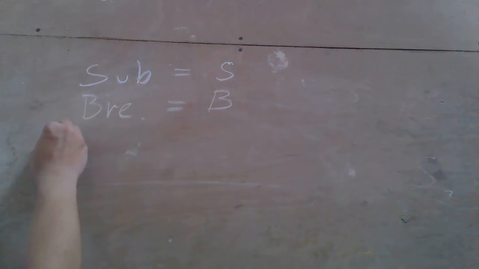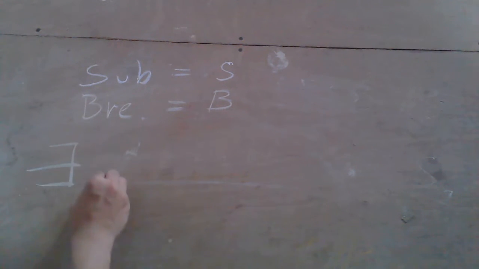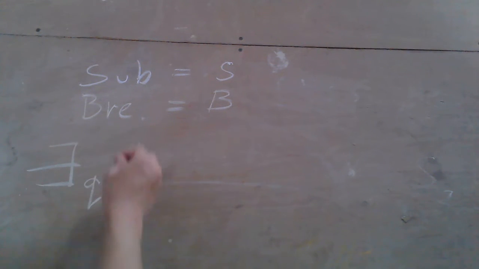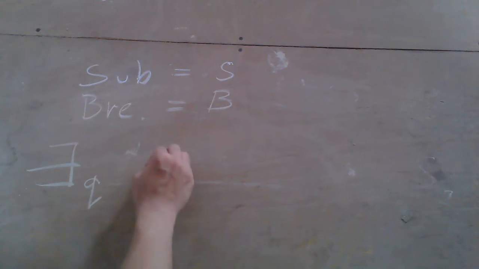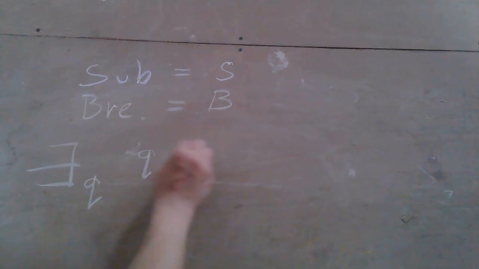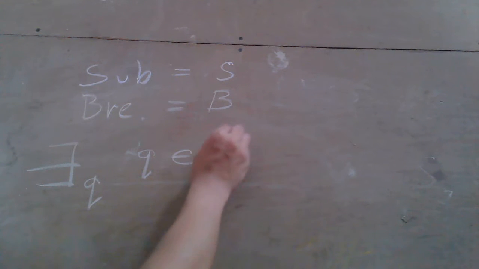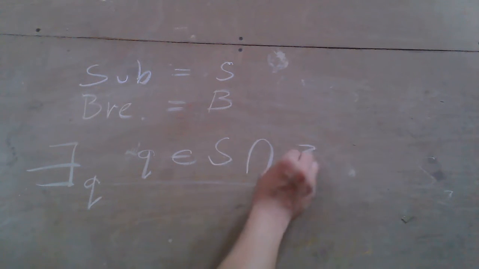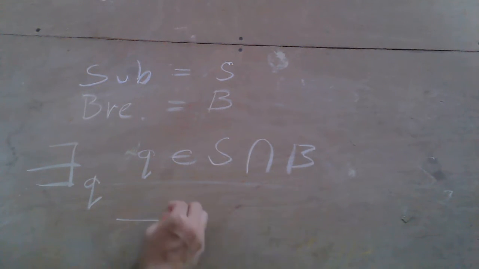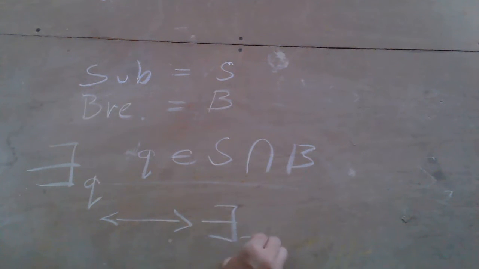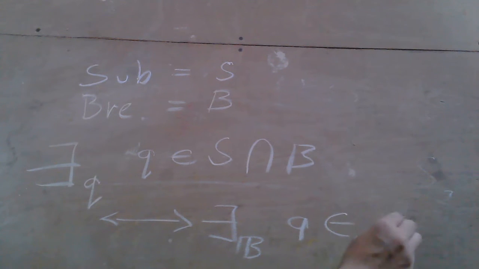So, this is a Q, such that Q is an element of the intersection. And thus, there exists a Bussy set, such that Q is an element of that Bussy set.